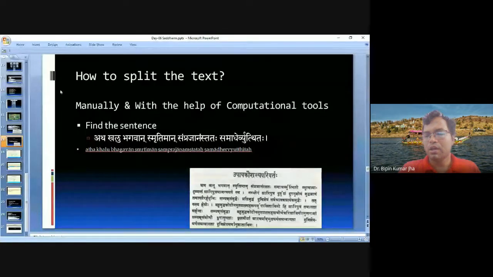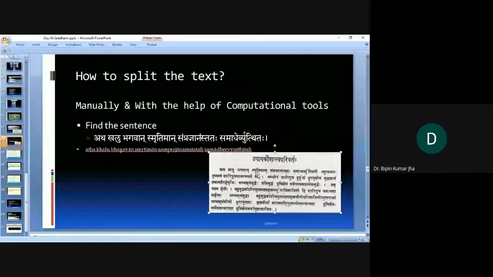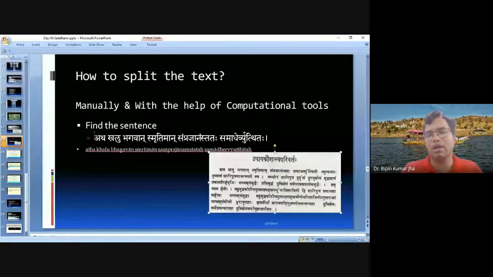From this paragraph you need to find each and every sentence separately, and later on you are just finding each and every term. For example, when you are saying atha khalu smritiman pranam tat samadher vyuthitah.